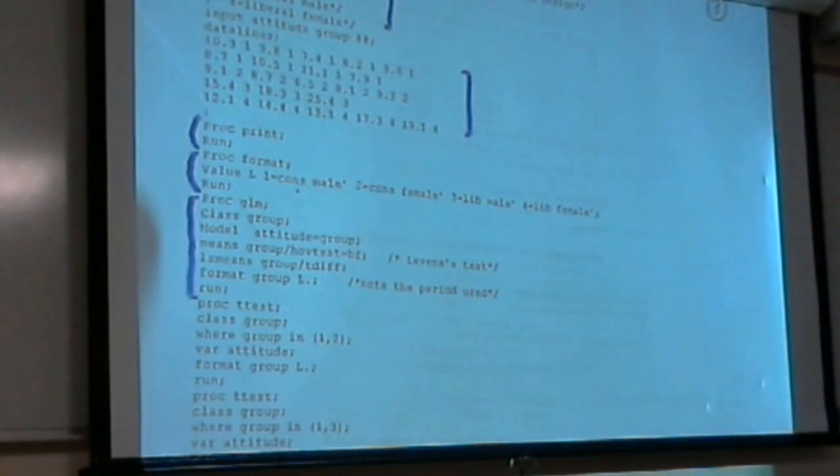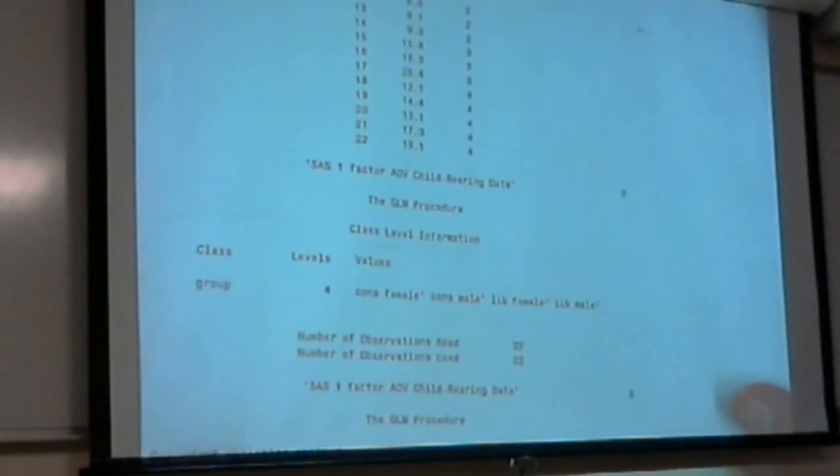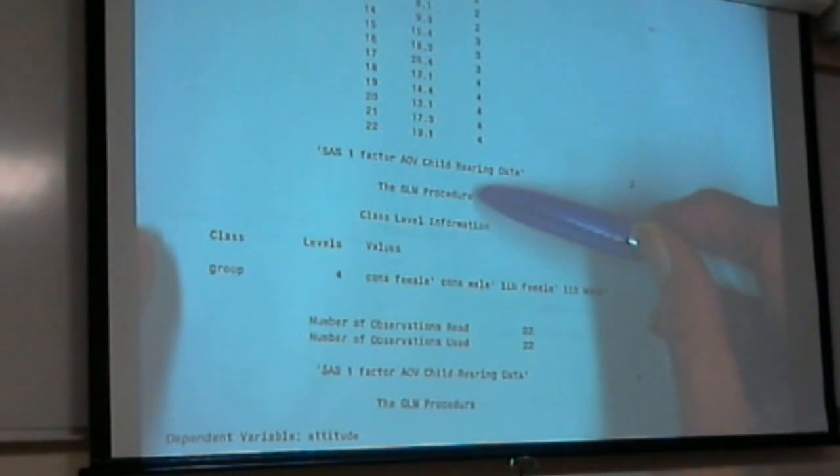So let's just look at the output from that much first of all. So what do we see coming up here? Here's the data printed on page 2. It says the GLM procedure.